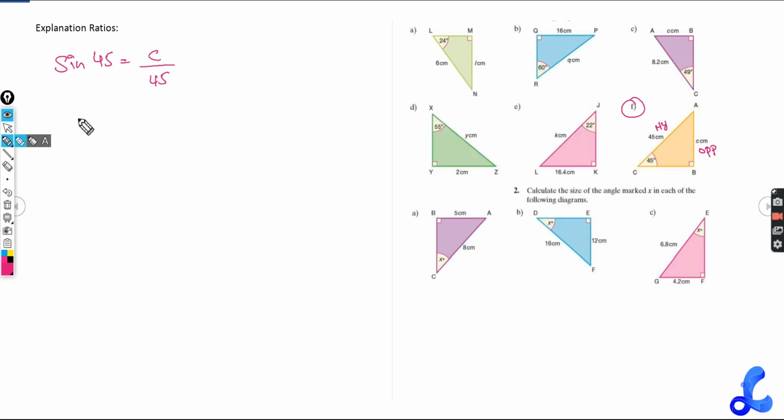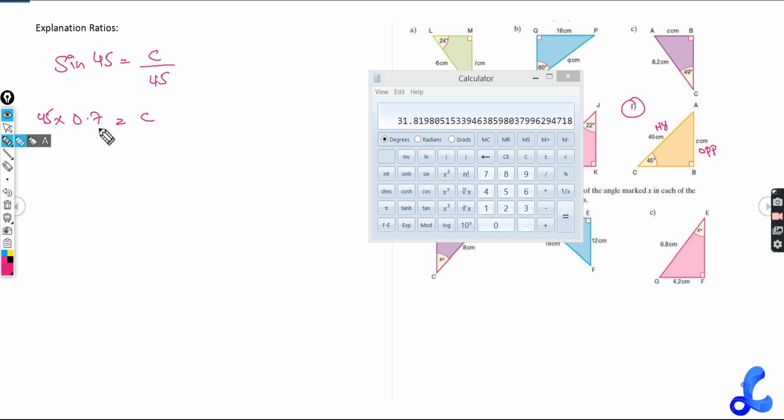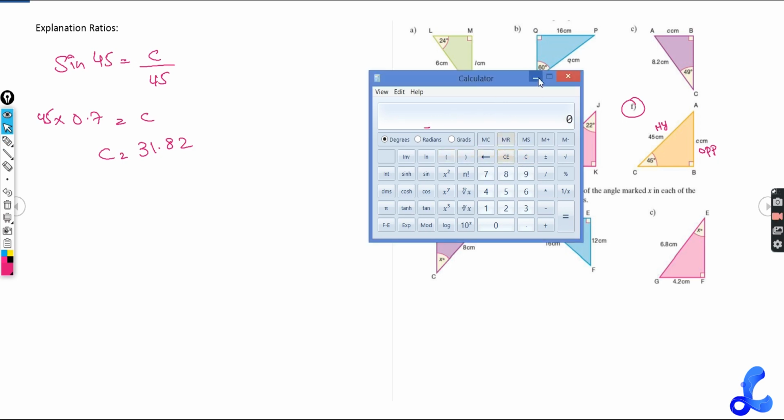So 0.70 times 45 equals C. And what is 0.7 times 45? Gives me 31.81. So my C is given to me as 31.82. I'll take it as 31.82. Okay. So this is how you take out C over here.